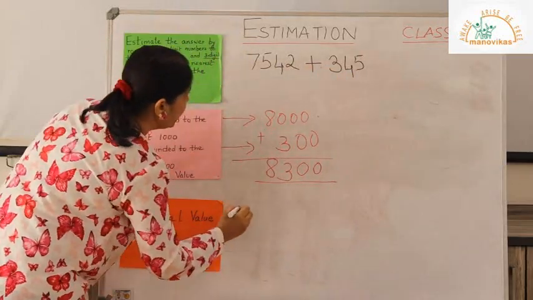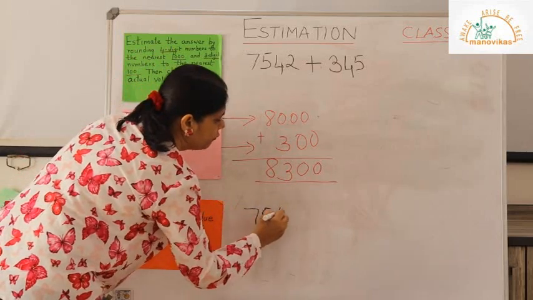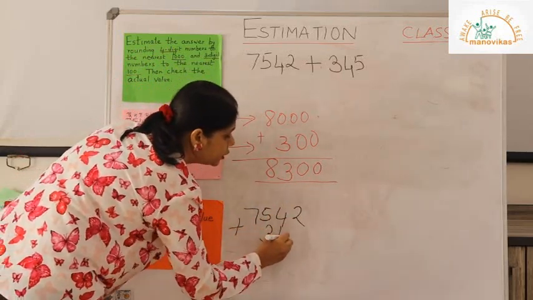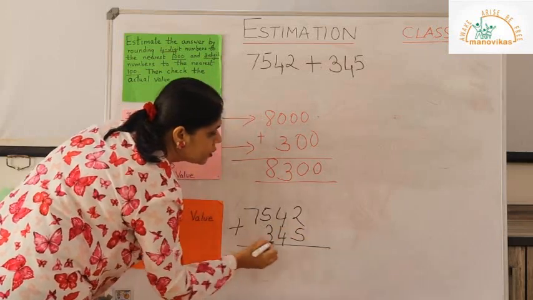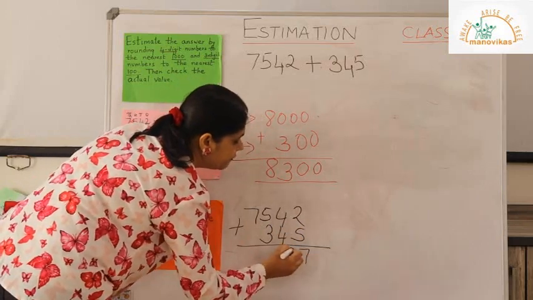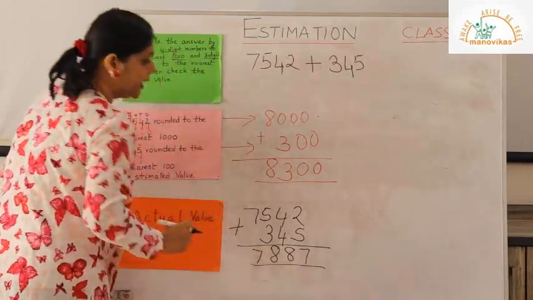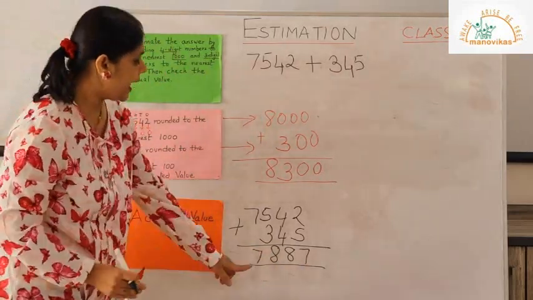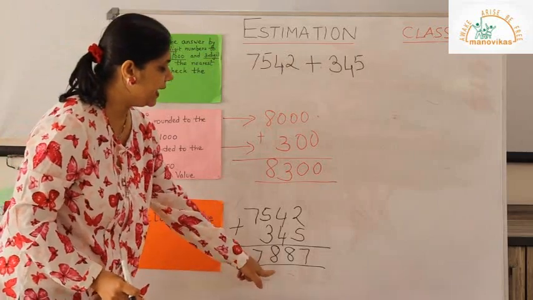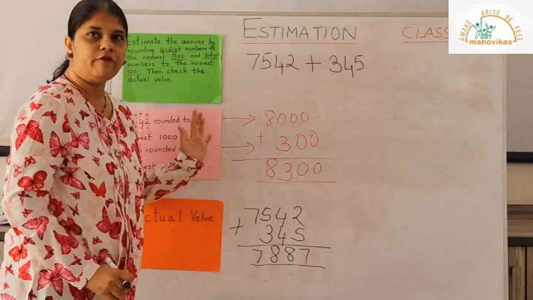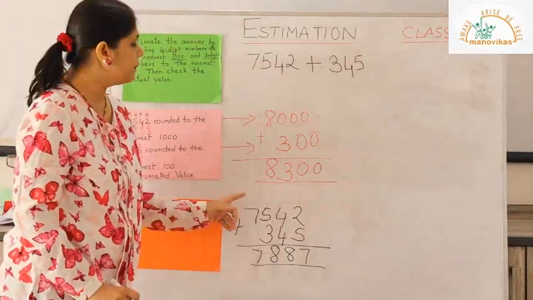So let's do it quickly. 42 plus 45. So how much is the answer? 7887. So again, if you see, the actual value is 7887 and the estimated value which we have got after rounding the numbers is 8300.